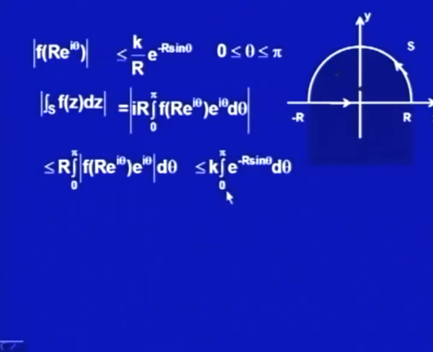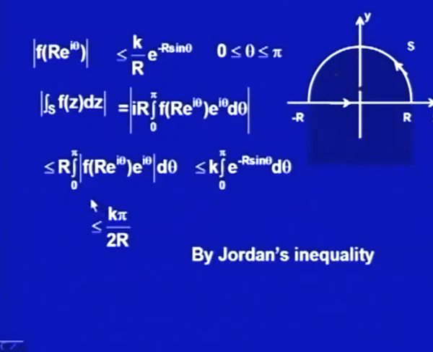So, we will get less than k times the integral from 0 to pi of e to the power minus r sin theta d theta. Now, for this integral, because it is from 0 to pi, we use our Jordan's inequality, and that gives k times pi upon 2r. Now, we have got for this integral a finer bound as in the previous method, and this bound depends upon r.